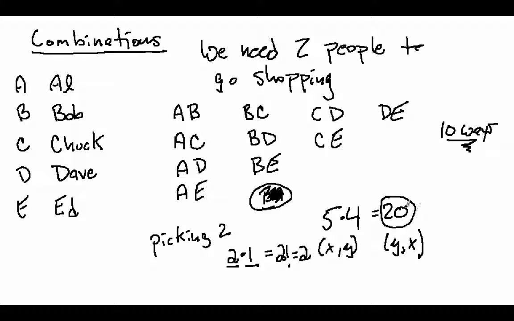In other words, if I were to come in here and look at the 20 that are in here, and I were to come over here and look at these 10 that aren't here, you would say, well, but you haven't counted BA, and you haven't counted CA, and you haven't counted DA. Okay, these are all the ones that are contained in here that aren't contained in here. Okay, so there are exactly this many of them.